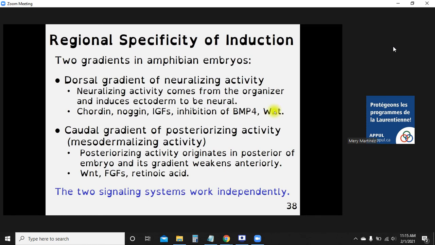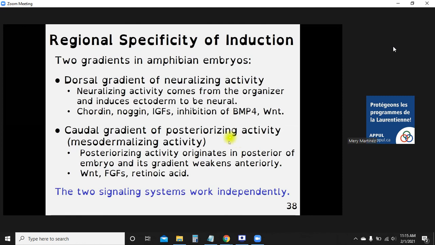So once again, in development, and that's what you're going to see through the courses, we require more than one signal. It's not that just because we have one, everything is okay. We need constant feedback to say you've got to become this. It's a whole signaling system.